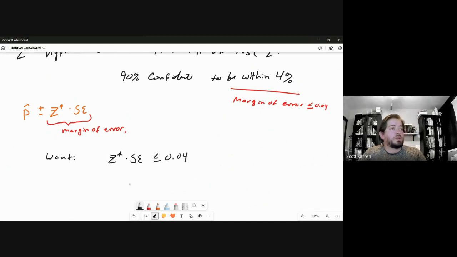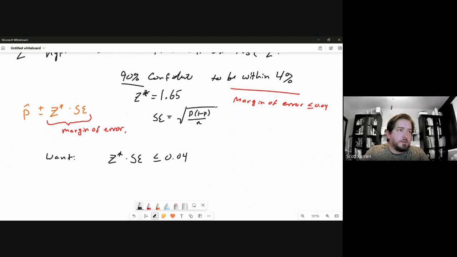What is z star? Because we're 90% confident, z star is 1.65. And this standard error is given to us by the square root of p times 1 minus p over n.